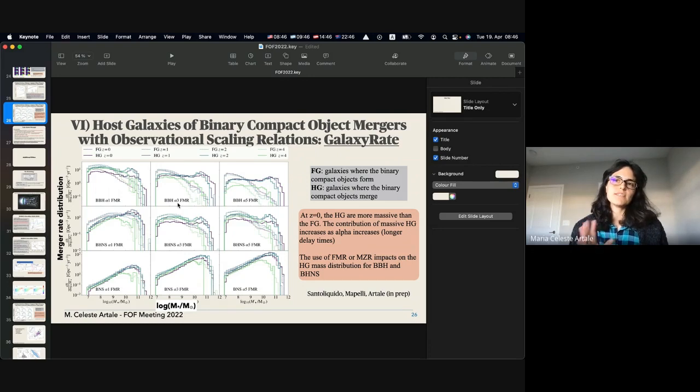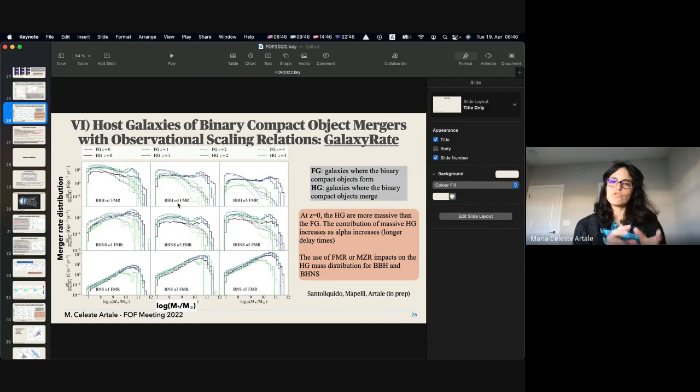I know I'm running out of time, but something I decided not to mention much here, and would like to tell you, is that there are different formation channels for these binary compact objects.